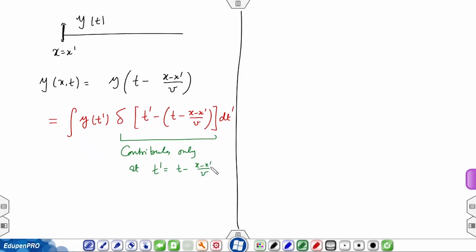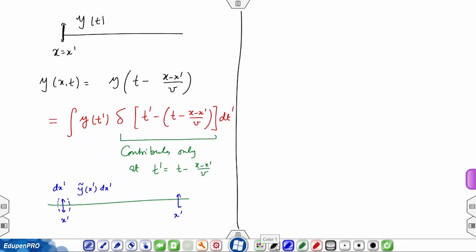In addition, suppose I had this displacement coming not only from one place, but suppose there is this string and I am shaking it up and down here at different x primes, and from everywhere from this length dx prime there is a displacement, let us say y tilde(x prime) dx prime.